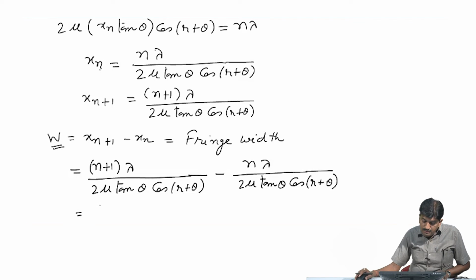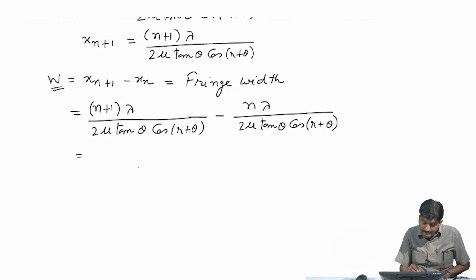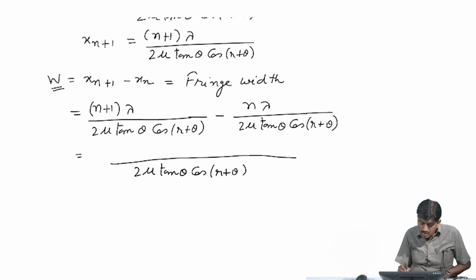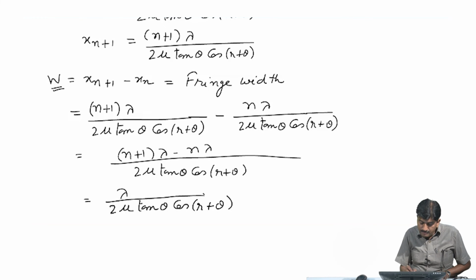And if we take the LCM, 2 mu tan theta cos(r plus theta), (n plus 1) lambda minus n lambda, and it becomes n lambda minus n lambda cancel out, lambda upon 2 mu tan theta cos(r plus theta).